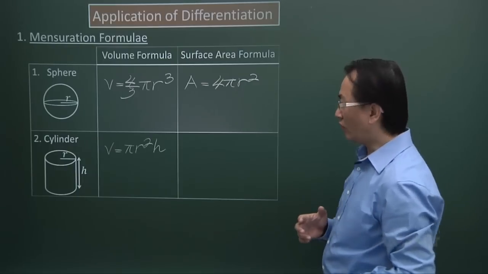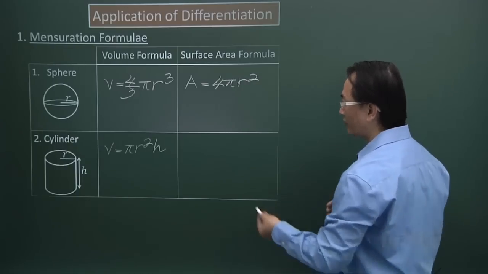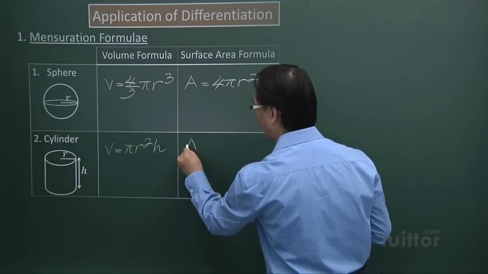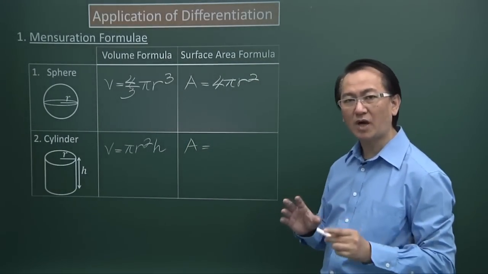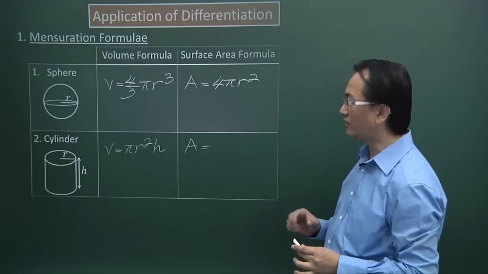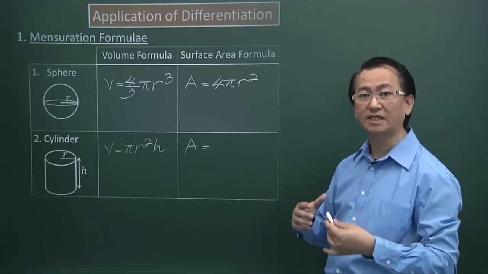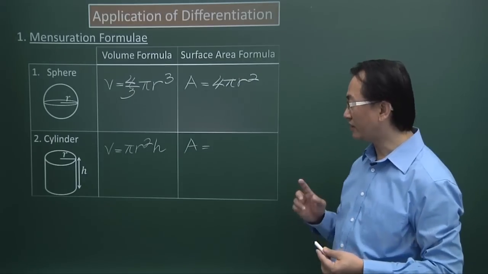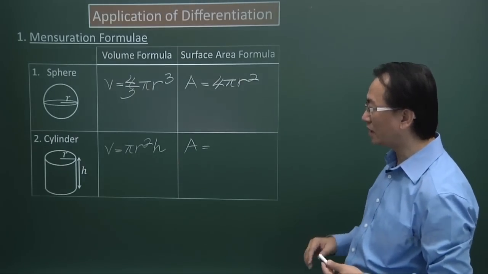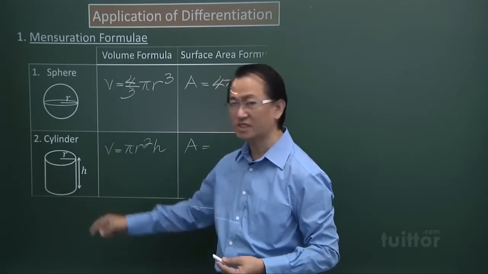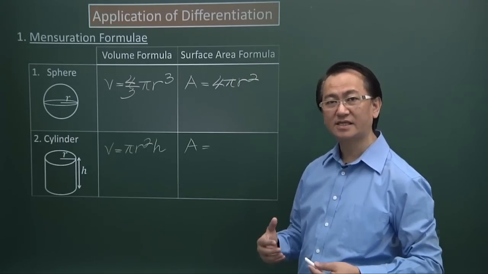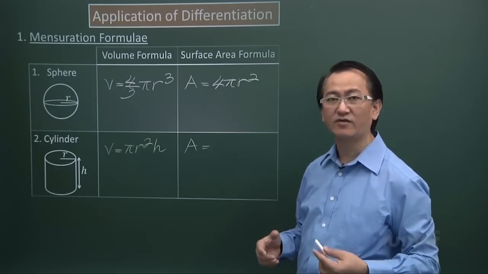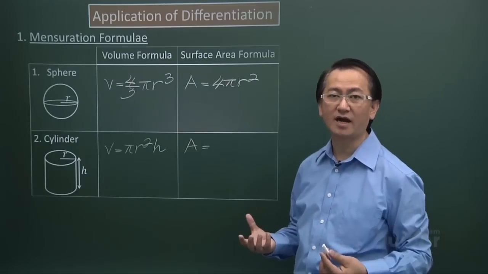Next, when I look for the surface area of a cylinder, it is important to note which part of the formula refer to which particular surface area. For instance, if I'm talking about the top and bottom circular surface area, the top one is one of an area of a circle, which is pi r squared.